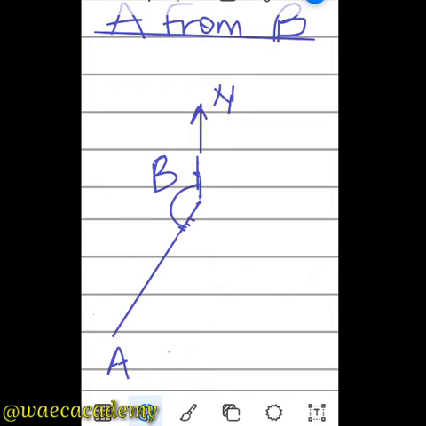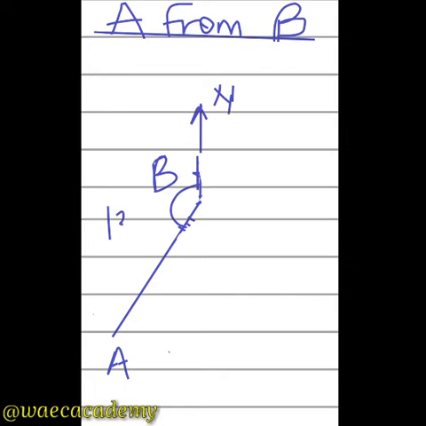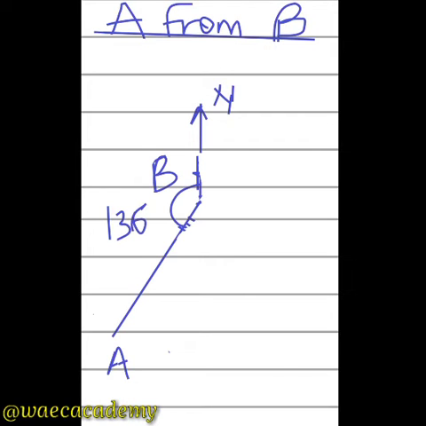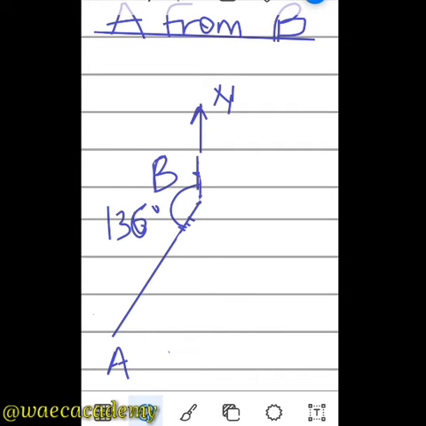So let's say in the question they give us this place to be 130 degrees, and they say find the bearing. Okay, let's even use 136 degrees. I think that is going to make it more interesting. So 136 degrees is what is given to us in the question, and we have to find what?